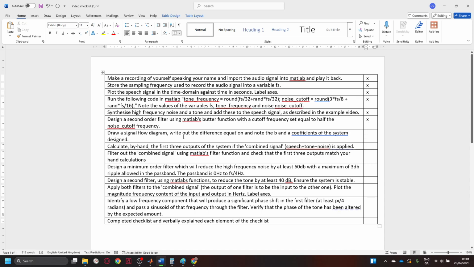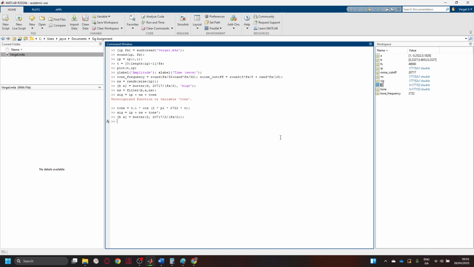Next is to draw a signal flow diagram, write out the difference equation, and note the B and A coefficients of the system's design. First we have to know the B and A coefficients in order to draw the signal flow diagram. So for our B and A coefficients, those are all the coefficients.